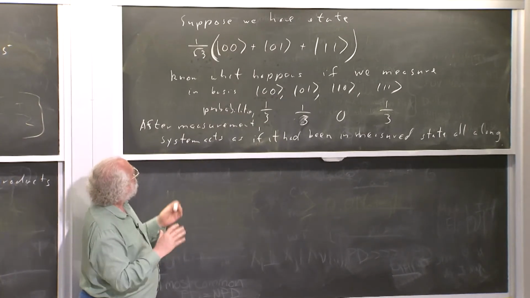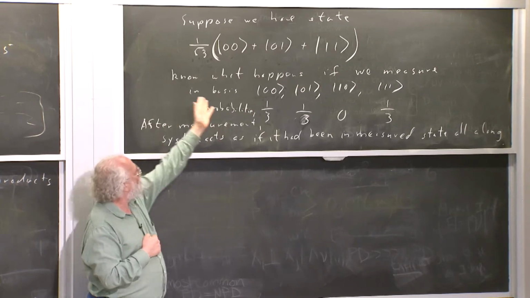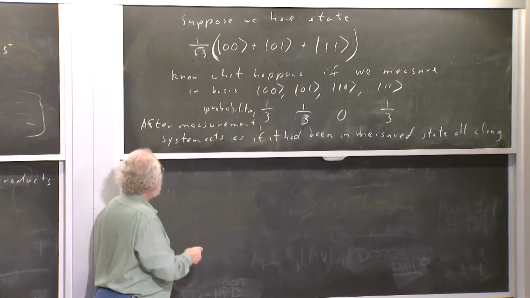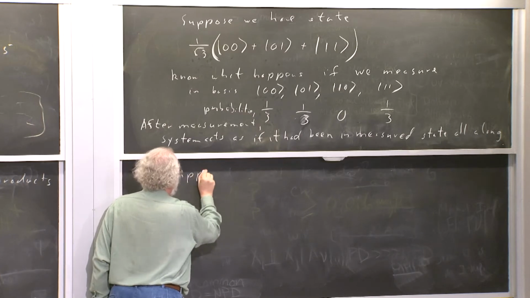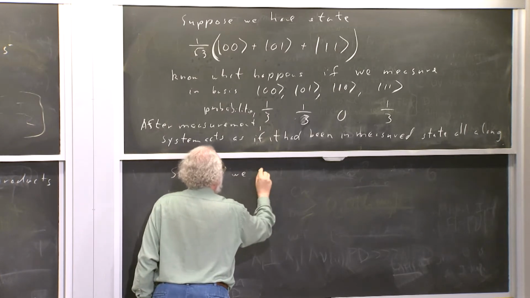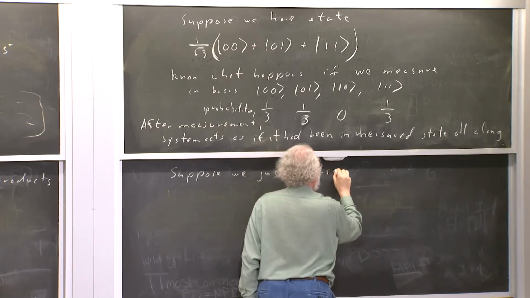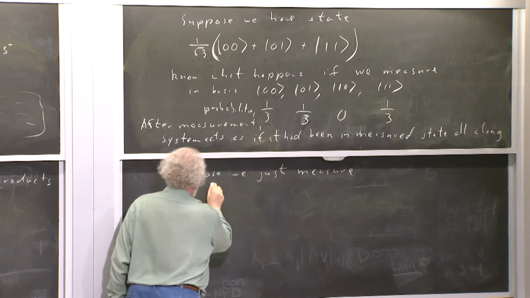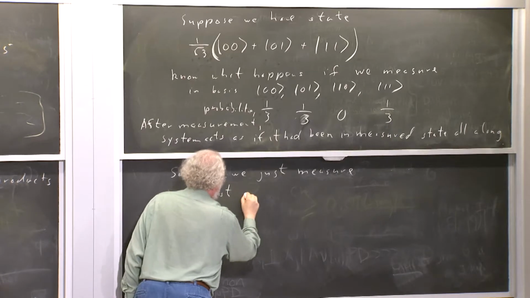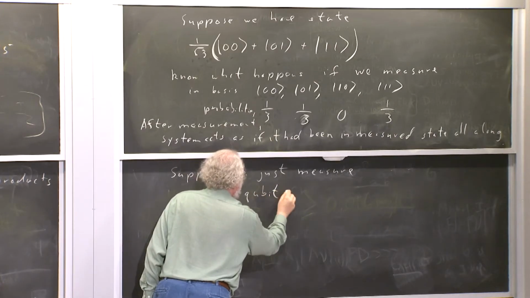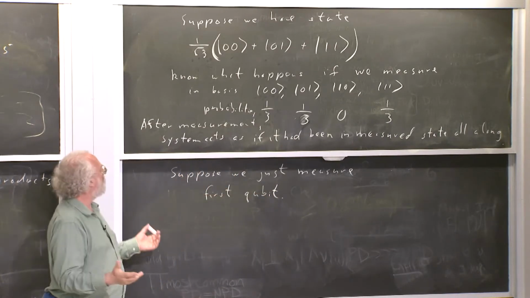Okay, so we know how to measure in this basis. Suppose we just measure the first qubit. What happens?